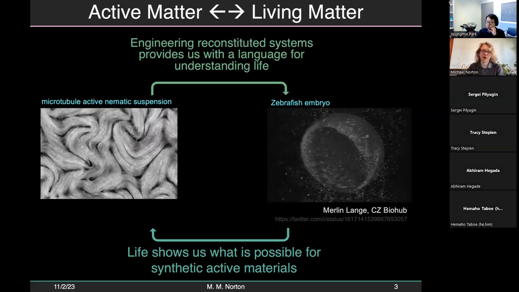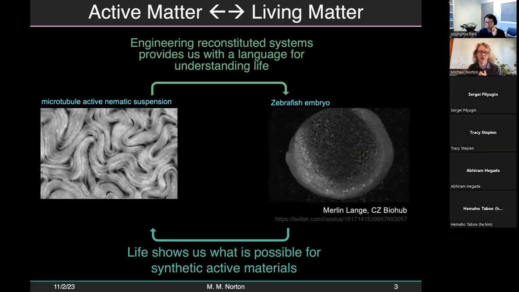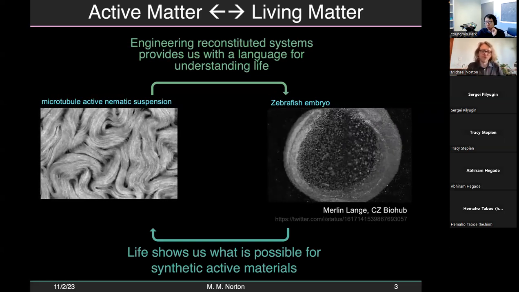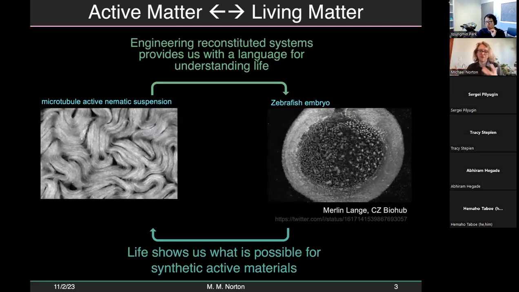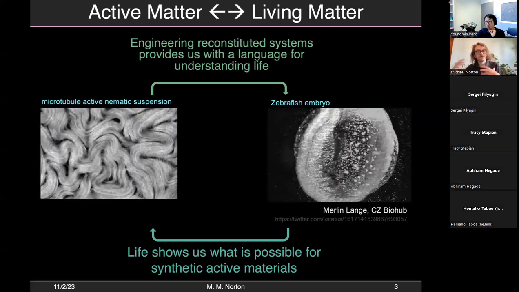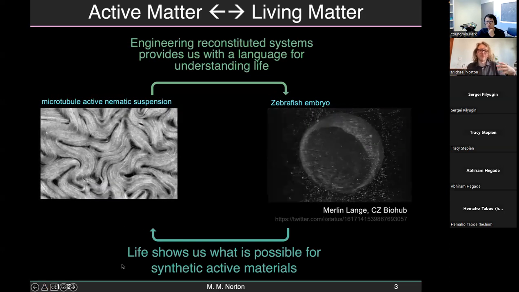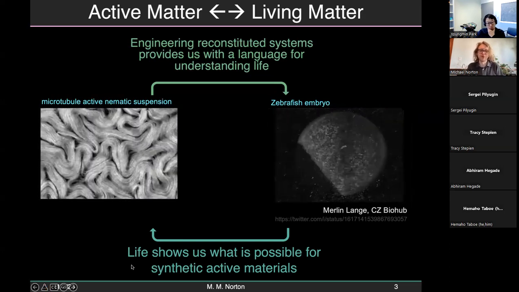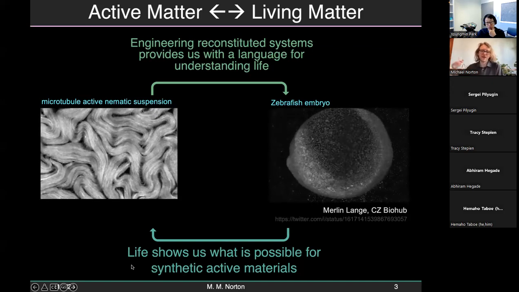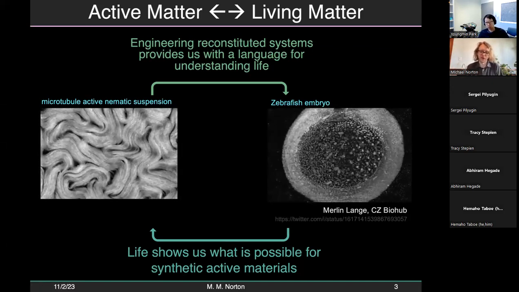Life shows us what's possible for those kinds of materials. So I think it's a two-way street. We can talk about engineering, and we can also talk about universal properties of these far from equilibrium materials. And for this talk, I'm in this bottom camp where I see life as setting the bar that we should try to hit by engineering materials.